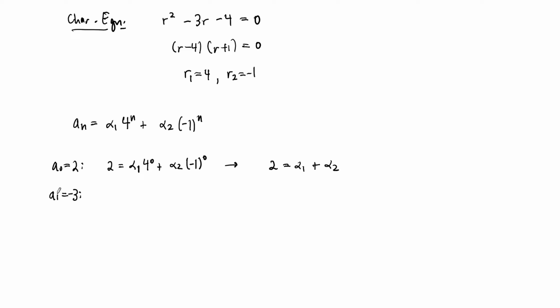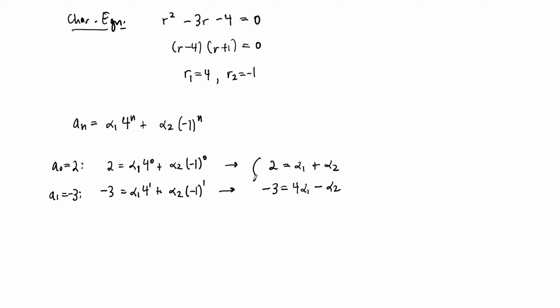This is again when n equals 1. So we have negative 3 equals alpha 1 times 4 to the first power plus alpha 2 times negative 1 to the first power. And so our second equation can be written simply as negative 3 equals 4 alpha 1 minus alpha 2.